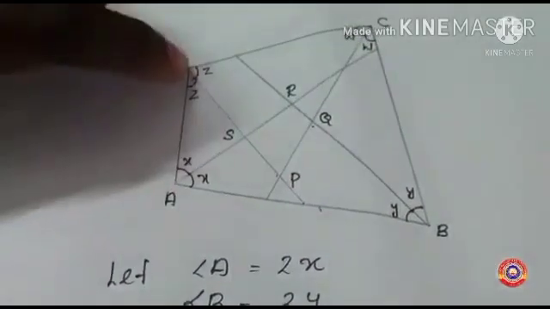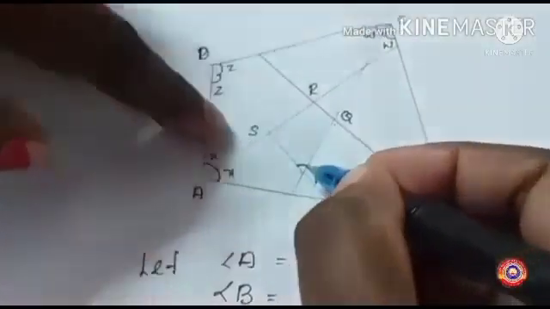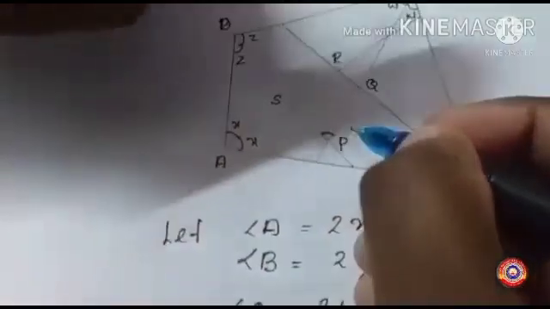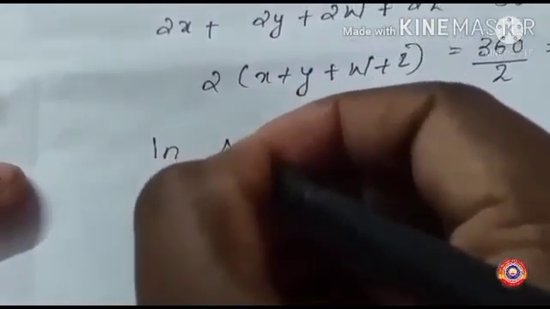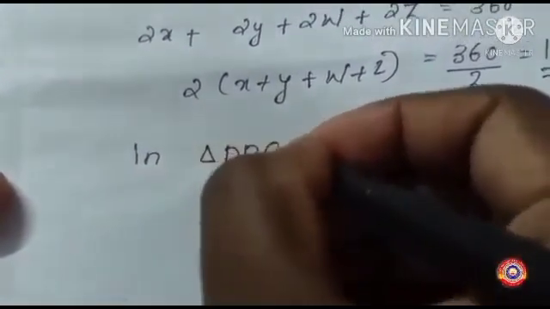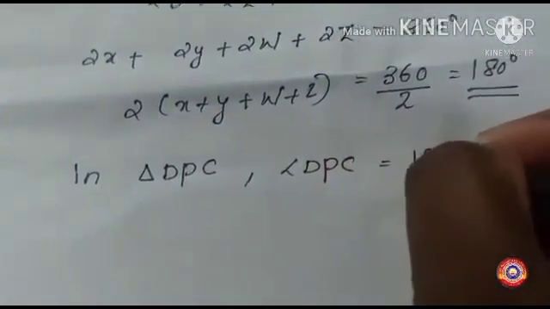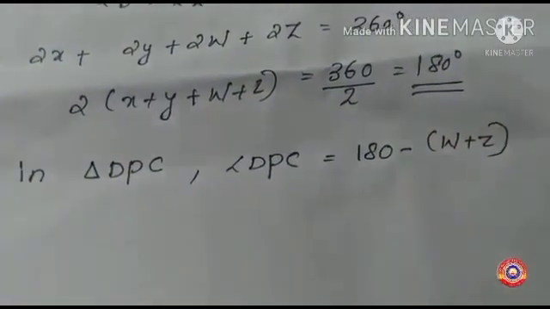From the figure, consider the triangle DPC. We have to find the angle P. So angle DPC equals 180 minus (w plus z). In triangle DPC, angle DPC equals 180 minus (w plus z).